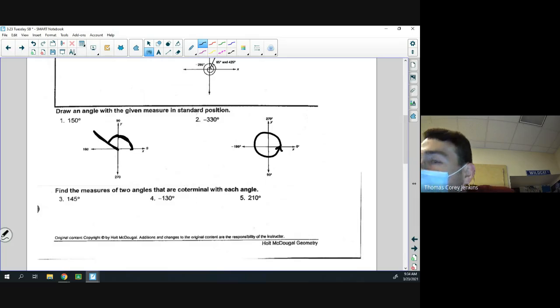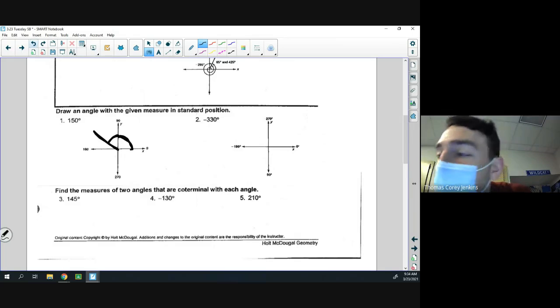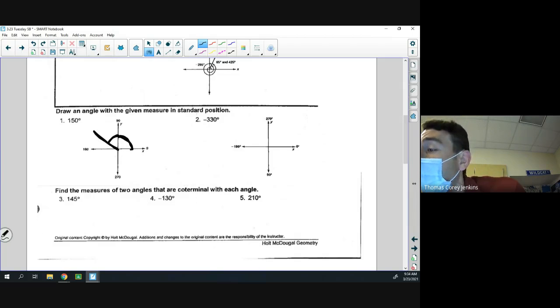So negative 330 is going to be almost all the way around, just 30 degrees short of a full rotation. Okay, so almost all the way around, but just 30 degrees short.